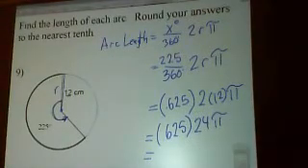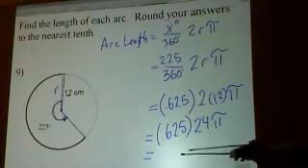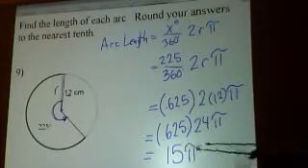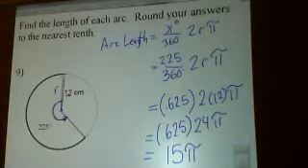Now all we have to do is 0.625 times 24. Go ahead and put that in your calculator, and you should get 15. Okay, 15 pi.